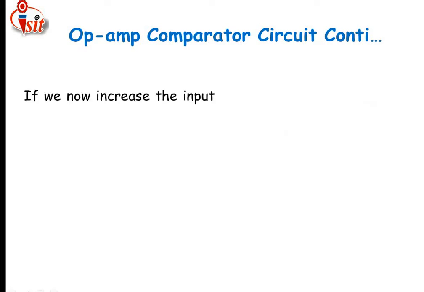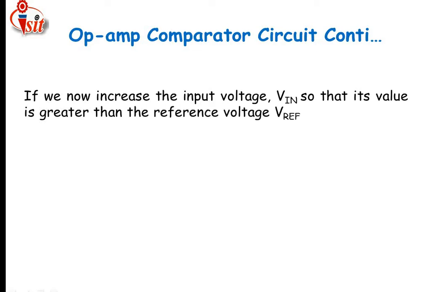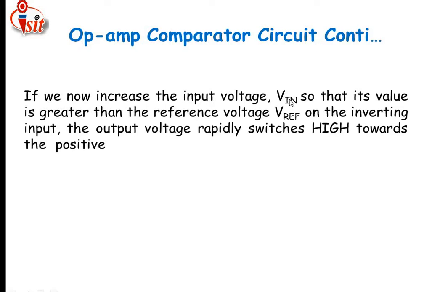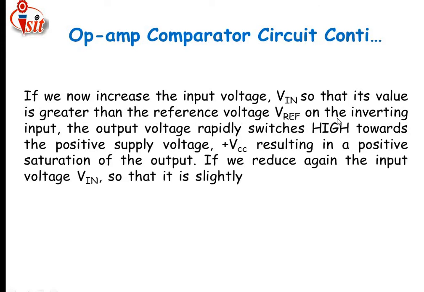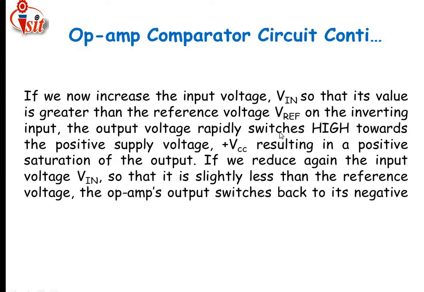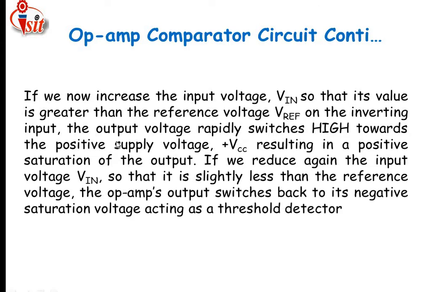About that positive terminal, what happens if Vin is greater than V reference? Just see here, if we now increase the input voltage, that is Vin increases in comparison with V reference, so that its value is greater than the reference voltage on the inverting input, the output voltage rapidly switches high towards the positive supply voltage, that is plus VCC, resulting in the positive saturation of the op-amp.